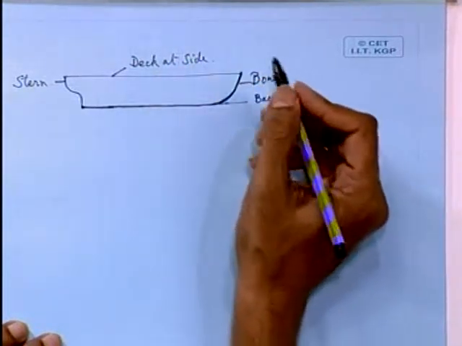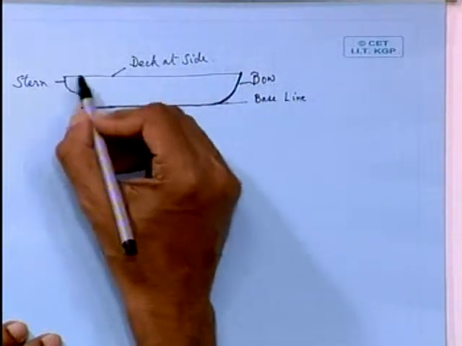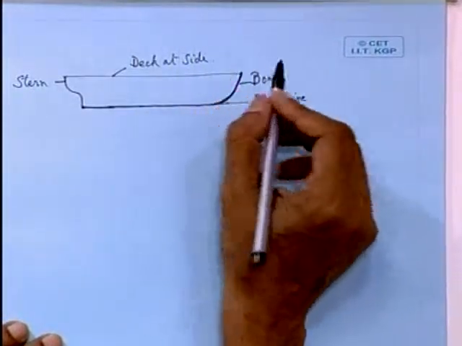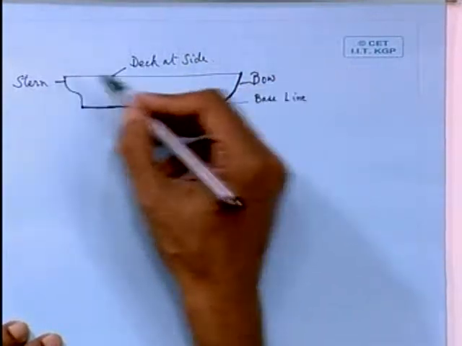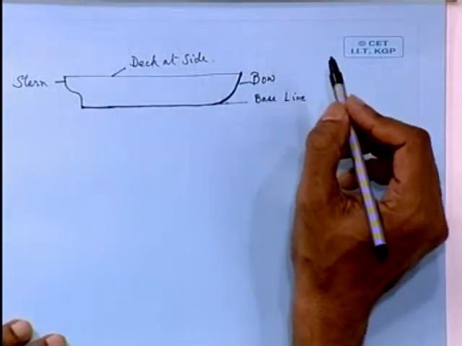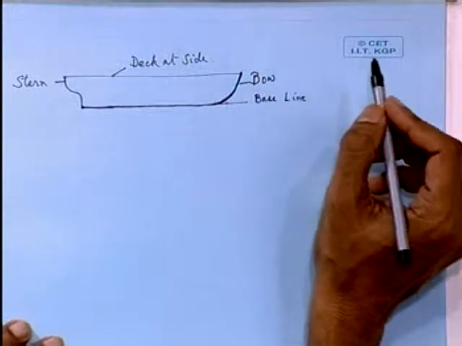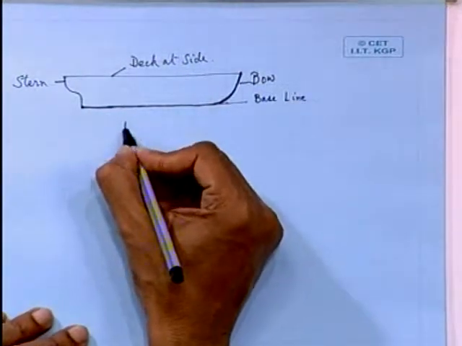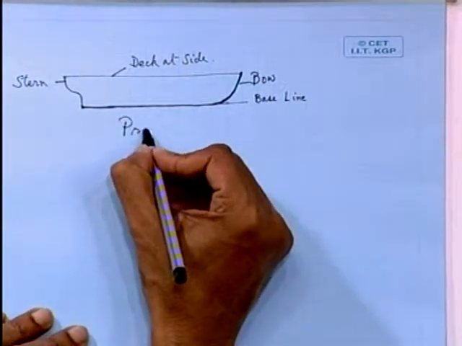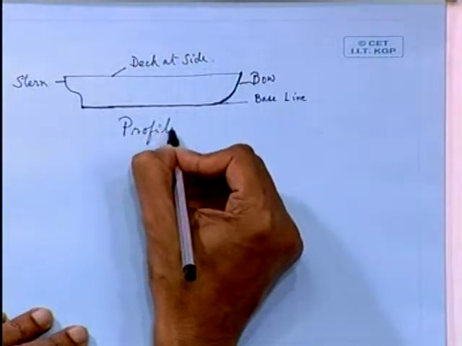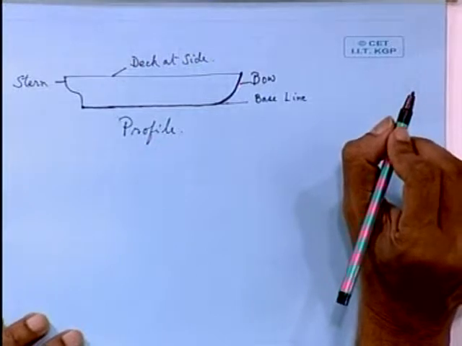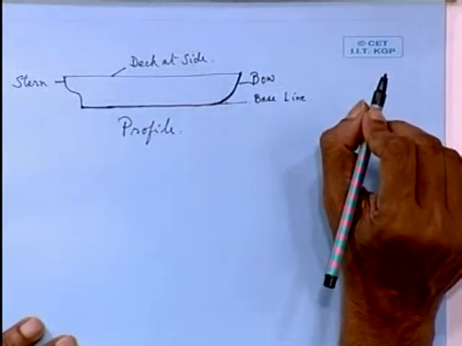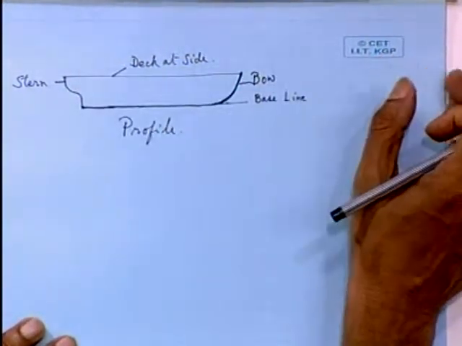If you want, of course, you can also draw the deck at center. The deck at center should have been drawn, but the practice is to draw the deck at side. So this is your profile. That means the intersections of the hull form are clearly depicted on the center plane.